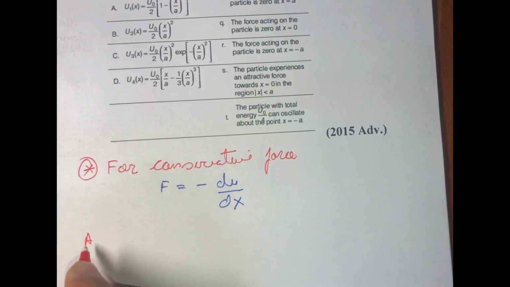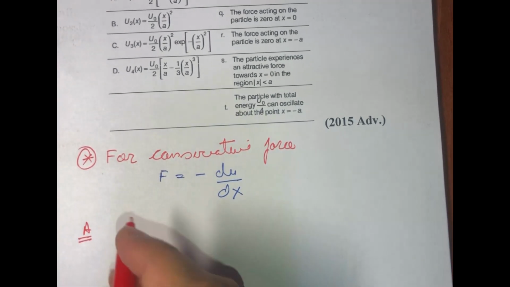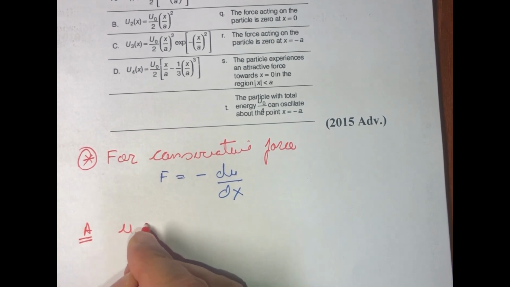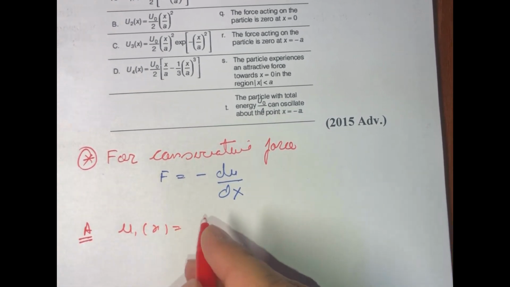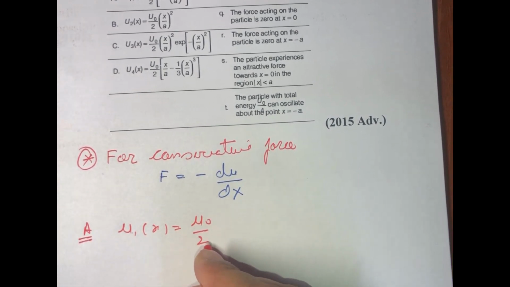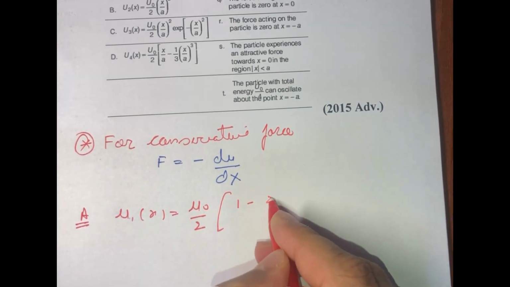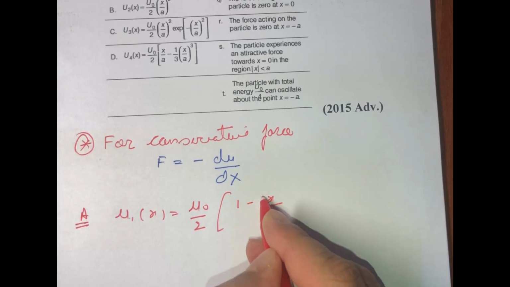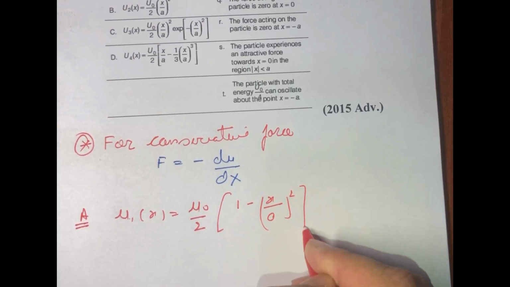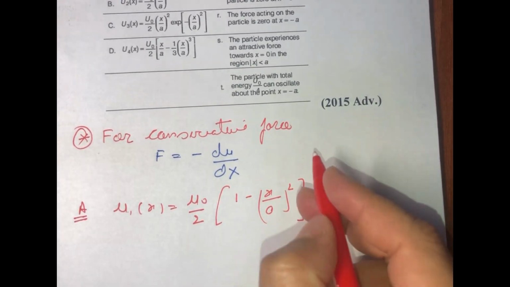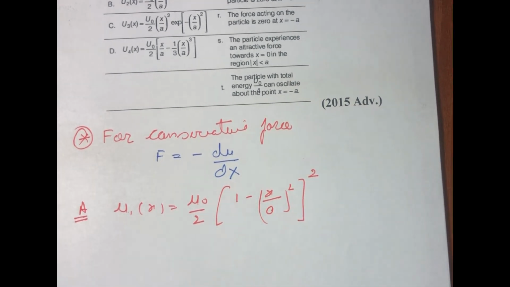So for case A, we are given that U1(x) is equal to U0 divided by 2, times (1 minus x squared over a squared) whole squared.